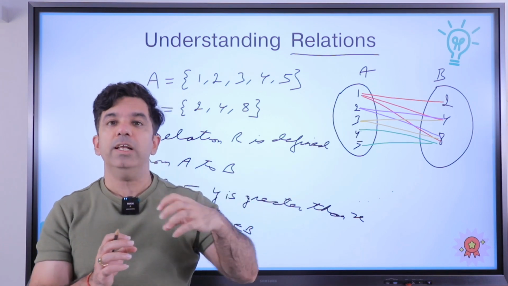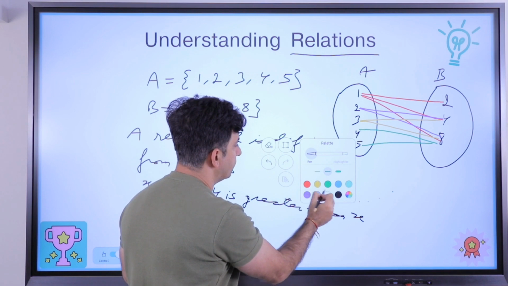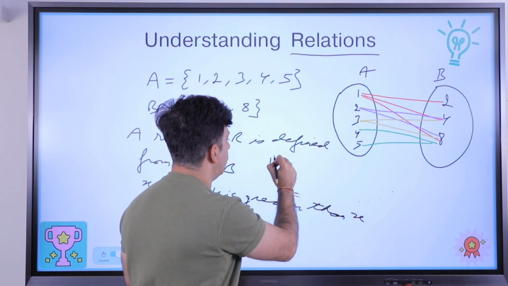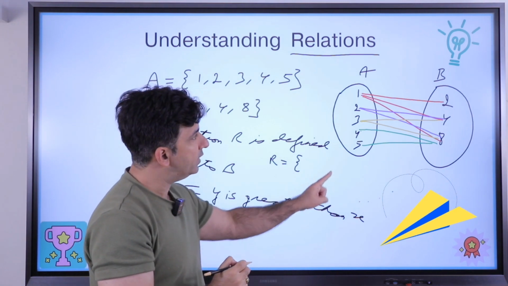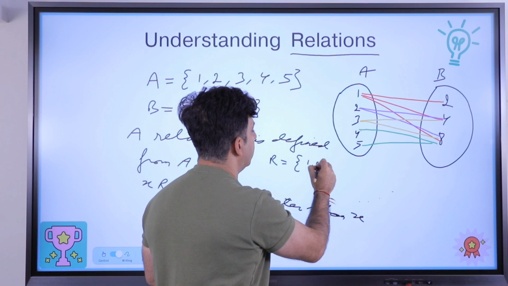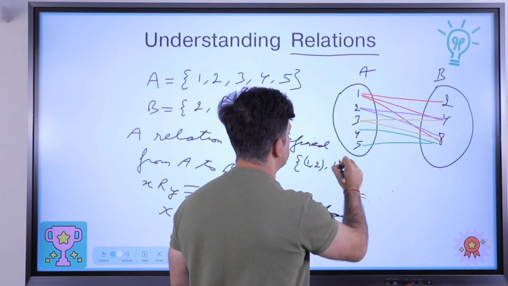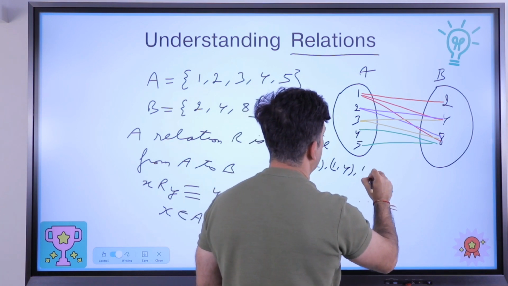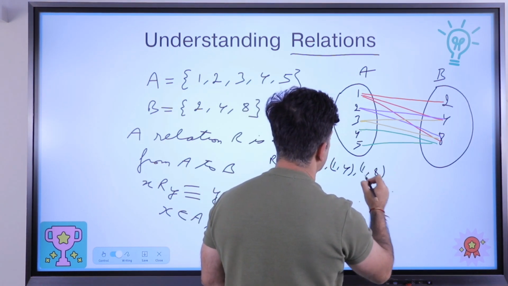When we list down these relations, we list them out completely in pairs. We can see 1 is connected to 2, so 1 comma 2 would come, and 1 is connected to 4, then 1 comma 8 is also there.